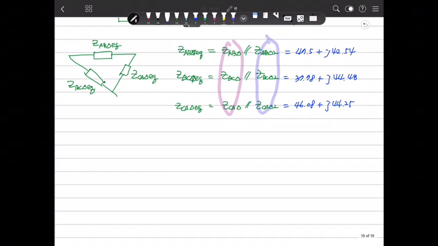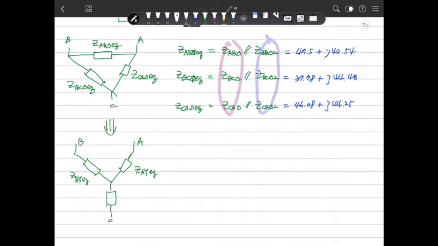Okay, then the last step: we define this as A, B, and C. Then finally, we have to make the last Y connection configuration here. This is A, B, and C. So we define GAY EQ, GBY EQ, and GCY EQ.